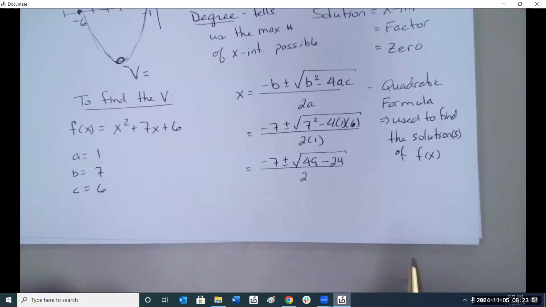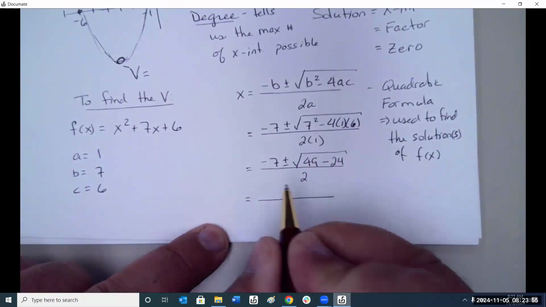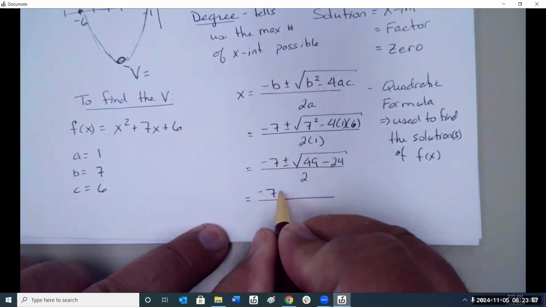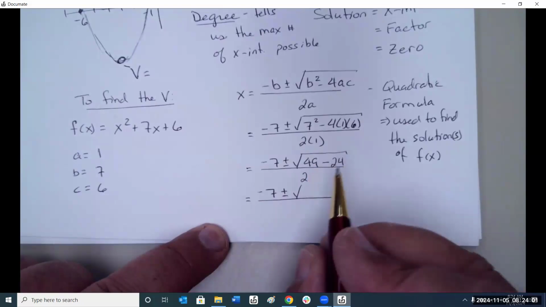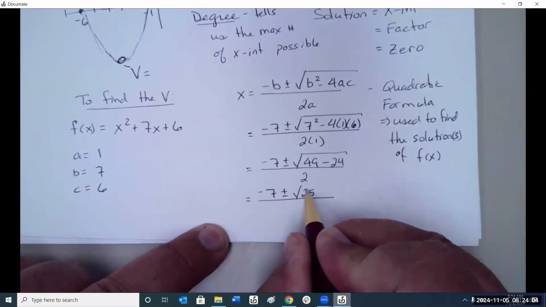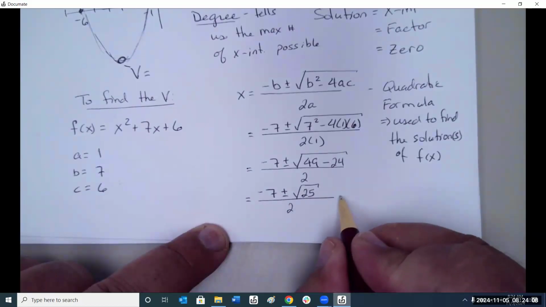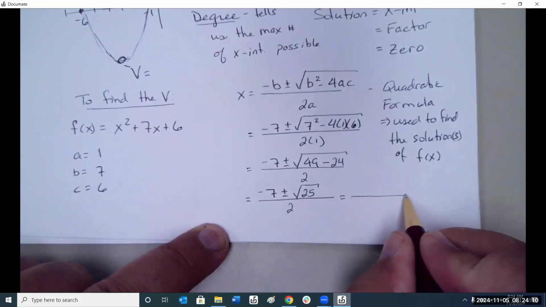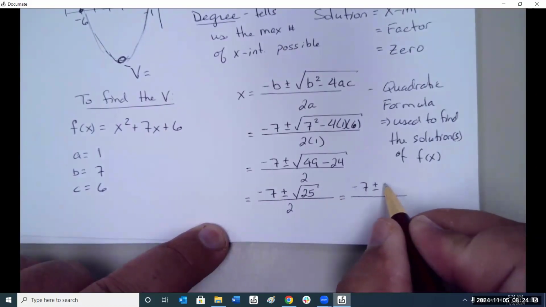Over 2. Negative 7 plus or minus the square root of 49 minus 24, which is 25. The square root of 25 is 5.